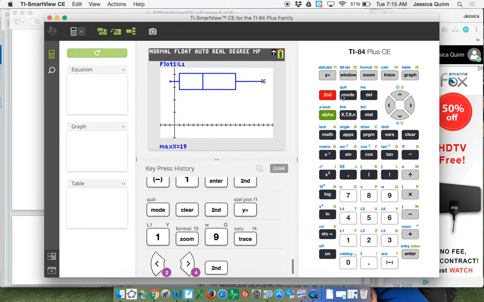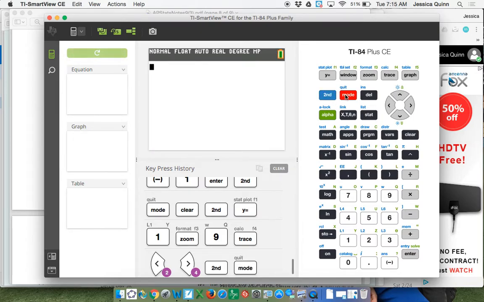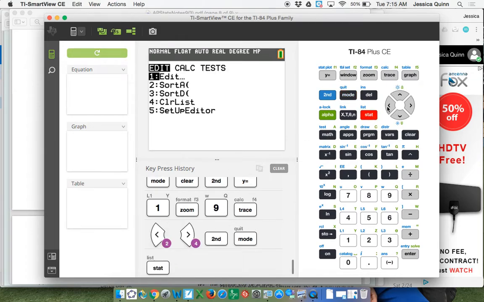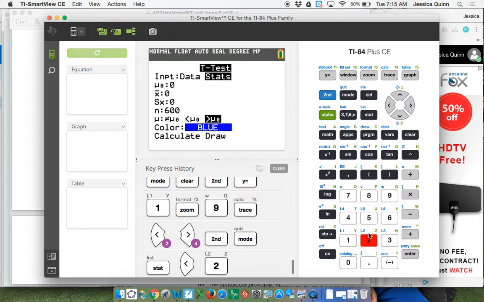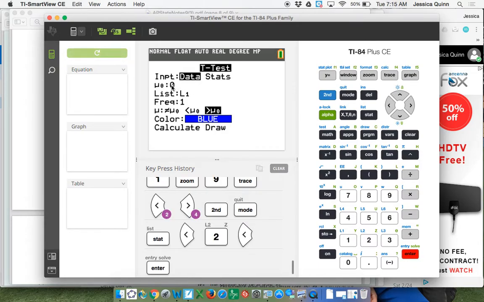Now for the do portion of this problem, if we go to stat again and then over to test, we want this t-test. It's t because we're dealing with means, and it's a significance test. We weren't given stats, we were given the actual data, so there's my data over there. My mu naught, the claimed value, was 0.